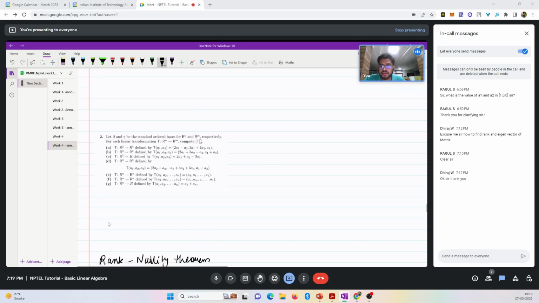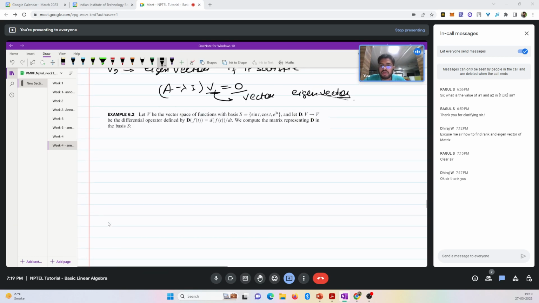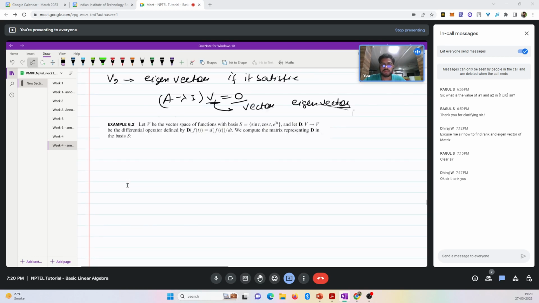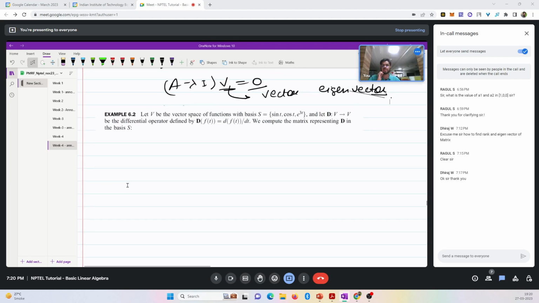Getting back to what we were doing, I'll solve one more example on matrix representation, and then we'll move to the rank nullity theorem. We are given the space of functions with basis S: sine t, cos t, and e to the power 3t.